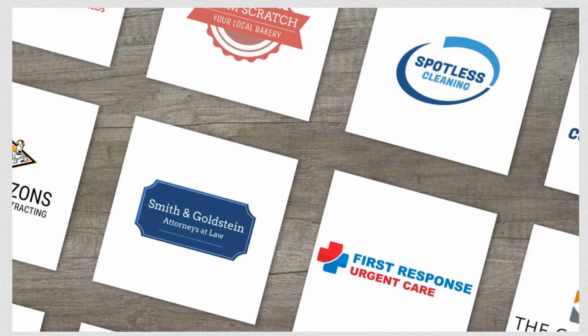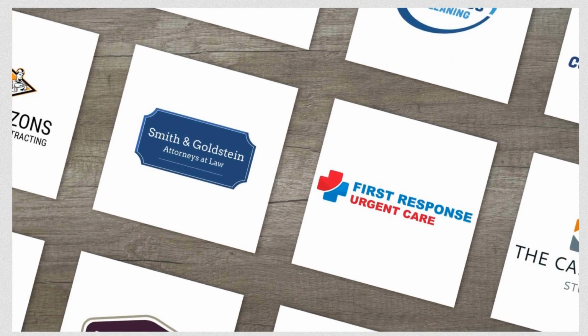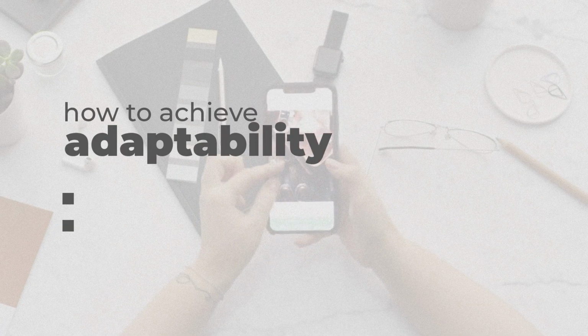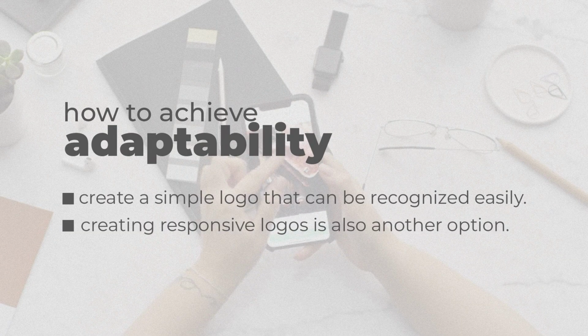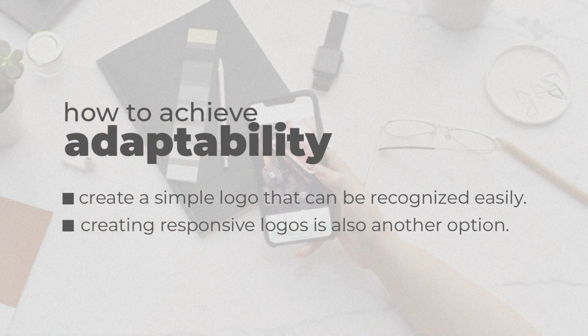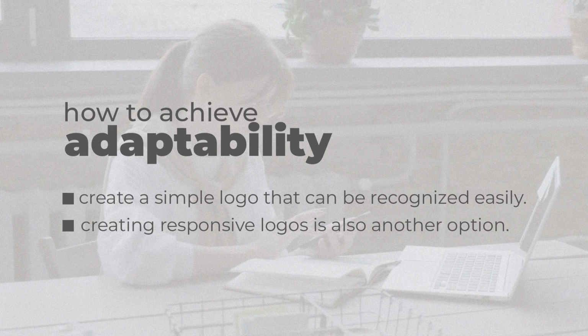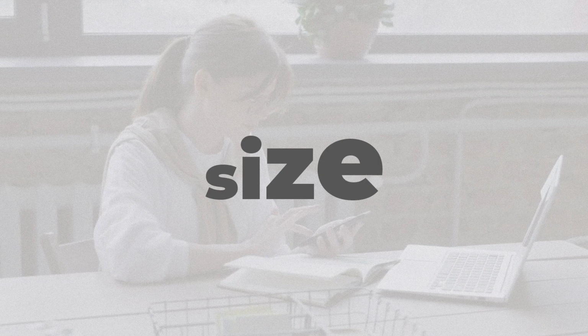Consider all of the places you want to use the logo and make sure it looks good in each one. Having a simple, easily recognizable logo can help with adaptability. Also, a responsive logo is another excellent option to achieve adaptability. Responsive logos are adaptable and can vary in size, complexity, or even color to accommodate and adapt to their surroundings.